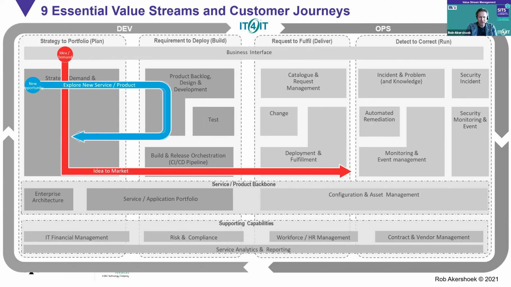Now, the third value stream is about once a specific service or application is running in production, and maybe it's just release 1.0, we start to continuously improve it, which is really about the continuous delivery value stream. This is different from idea to market because in a continuous delivery value stream, we assume there is already a product owner, there is a team established, they have a backlog, and they have basically everything in place to start receiving new features.